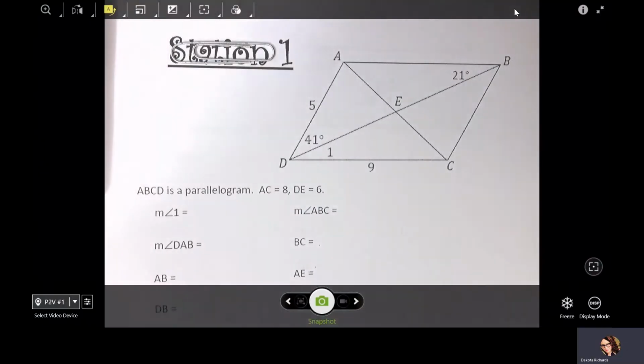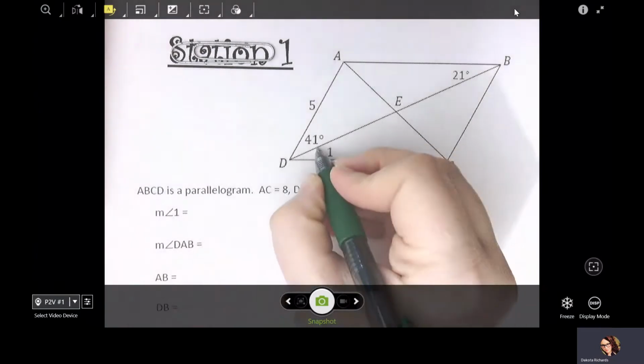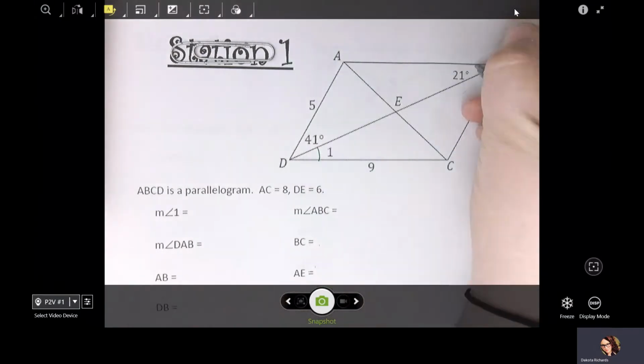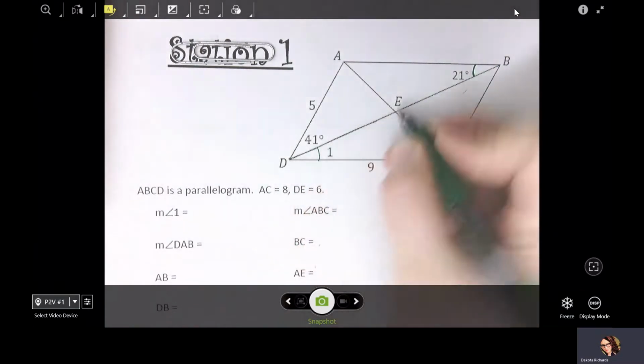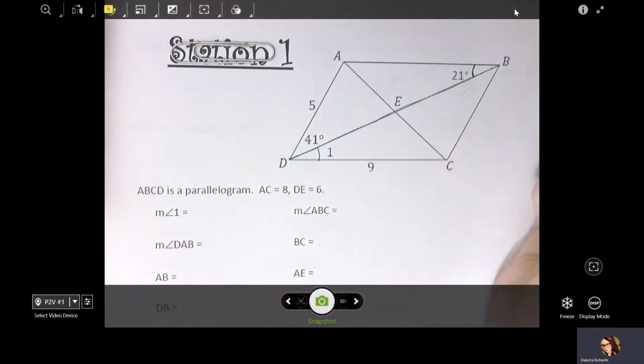So the first thing I want to do, let's look at measure of angle 1. That's the first question here. How do you find the measure of angle 1? Well, you have parallel lines cut by a transversal, this diagonal is your transversal.